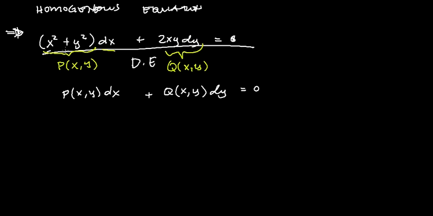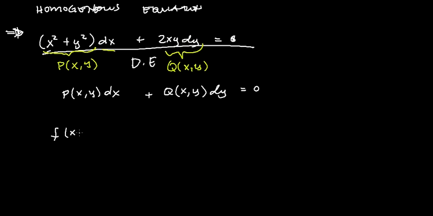So how can we determine if the given function is homogeneous? We have what we call the indicator lambda and its degree k.